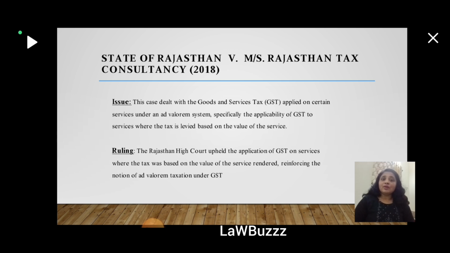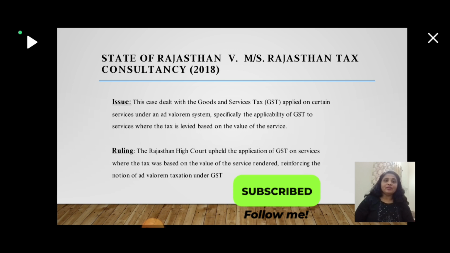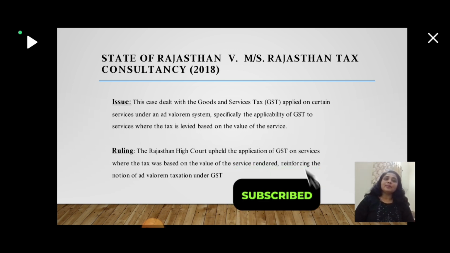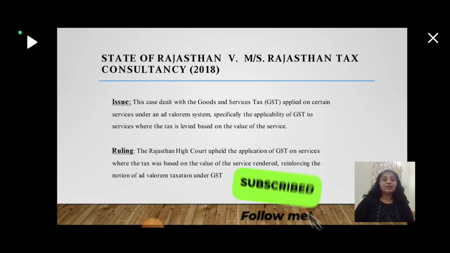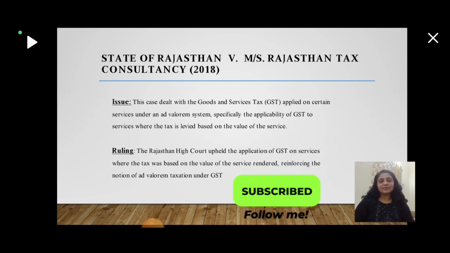It has to have proper ad valorem taxation when the tax is charged. This was the ruling of the court. Hope you understood how the taxes are levied, how the charges are applied, and how the courts have dealt with ad valorem taxes in several cases.